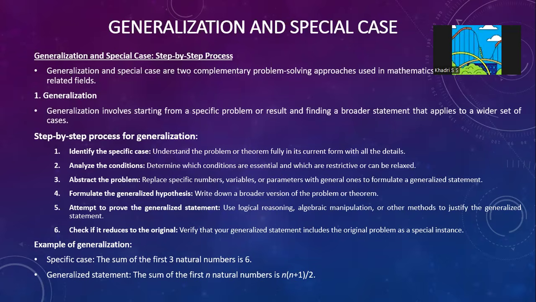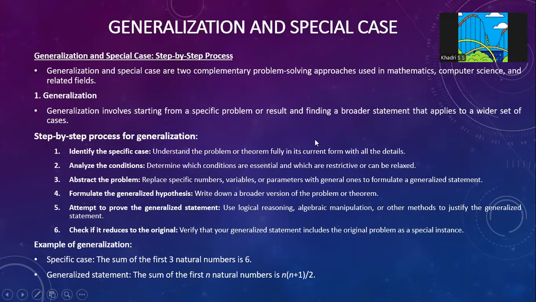Generalization and special cases. Generalization and special cases are a step-by-step process in terms of algorithms in problem solving techniques. They are two complementary problem solving approaches used in mathematics, computer science and related fields.